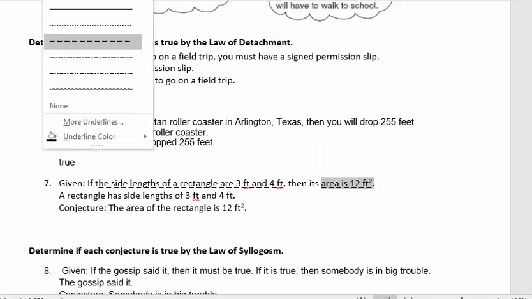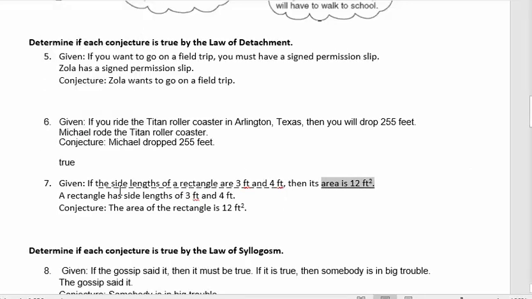So what they need to tell us to use the law of detachment is that the side lengths are 3 and 4 feet. Do they tell us that? Yes, they tell us this. It matches exactly what the hypothesis is. So therefore, the conclusion is true. The area is 12 feet. This is perfect. This is true. They did it in the right order, and it matches. We can use the law of detachment.